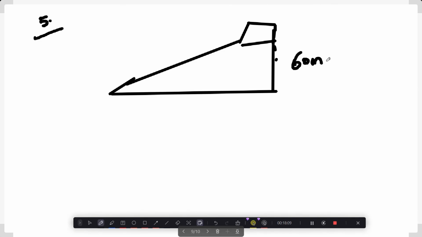The string attached to the kite is temporarily tied to a point on the ground. So the kite is like this. Sorry, I'm not very good at the drawings. The inclination of the string with the ground is 60 degrees. Find the length of the string assuming there is no slack.